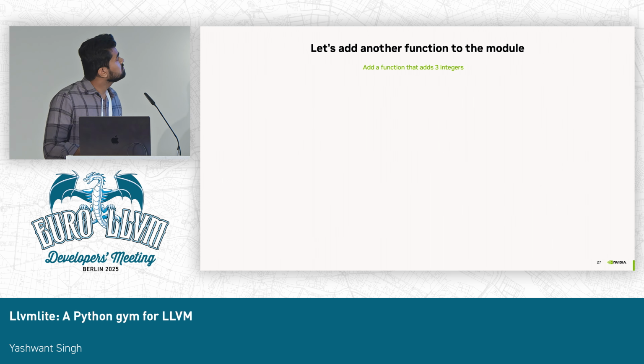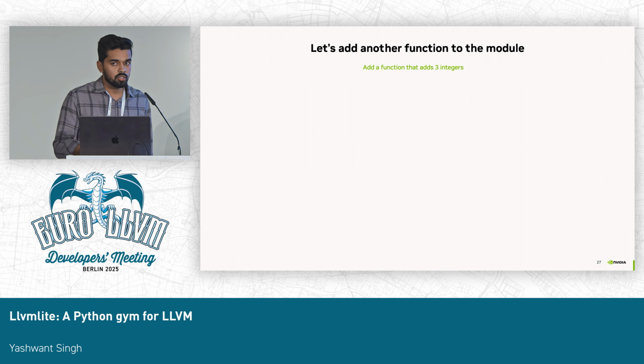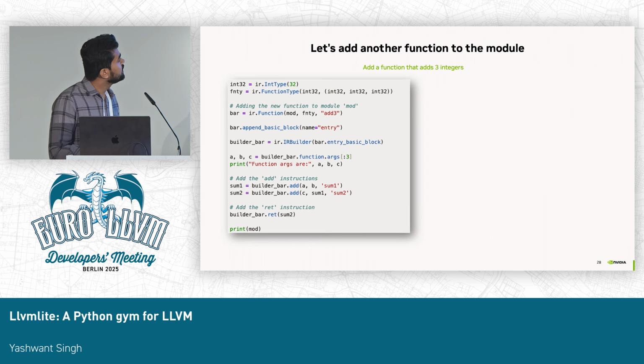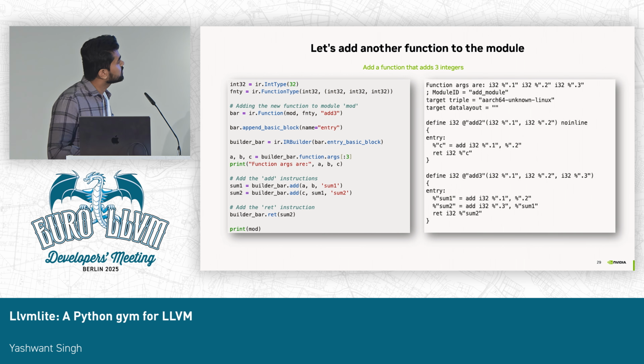All right. As you know, an LLVM IR module can contain a lot more functions, not just a single function. Let's try to add another function to the module, and this time this function takes 3 parameters, and it will return the sum of those 3 values. I'm not going to go over the code line by line. I'll give you a second to get an idea about the code, and we'll just go over the output.